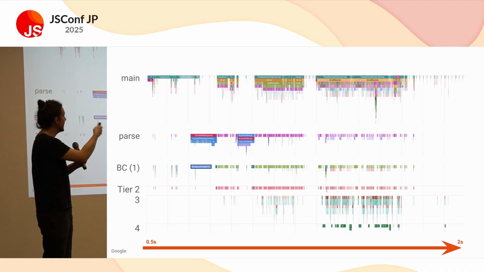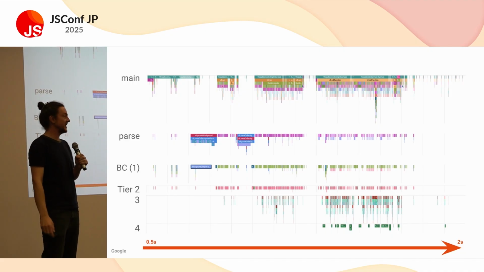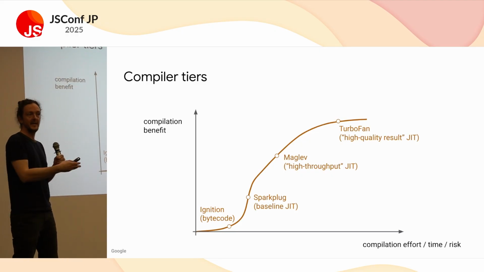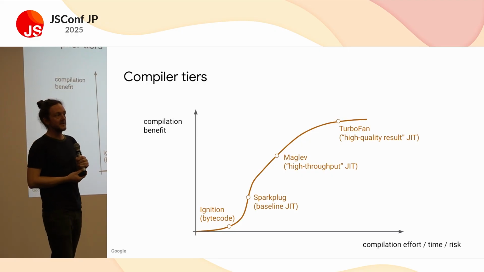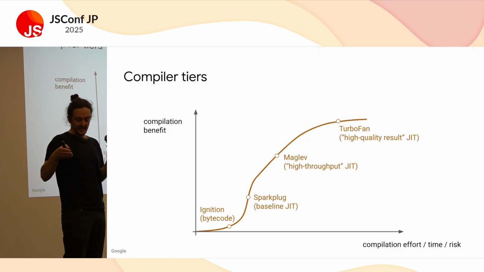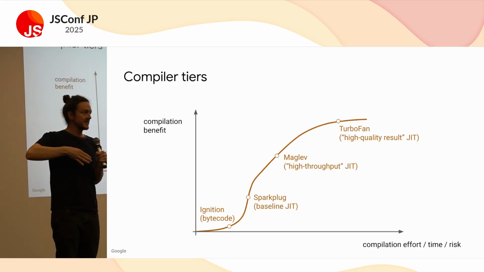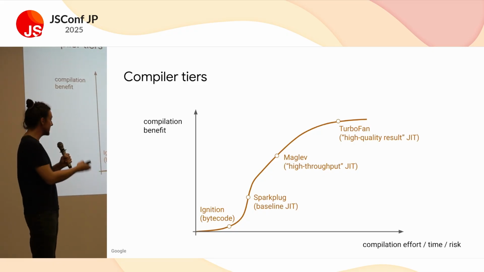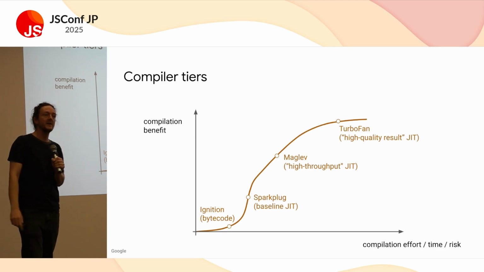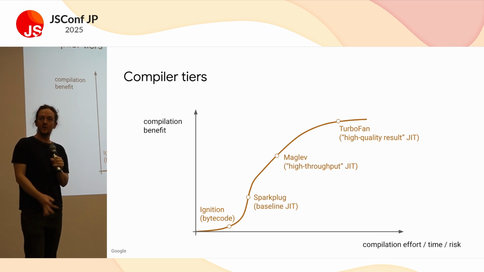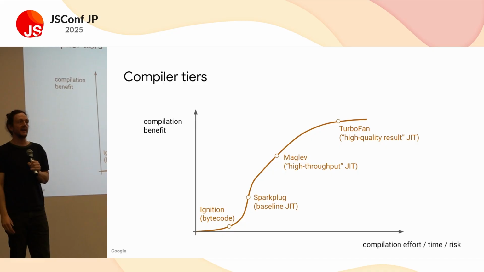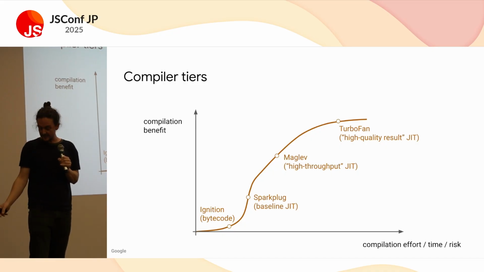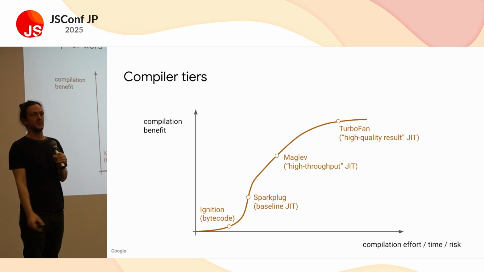So that's why we have this tiered compilation strategy, where we have a bytecode interpreter, and the bytecode is designed so that we can start running as quickly as possible. Then we have a first tier called Sparkplug, which does mostly no optimizations, and it's there to remove the interpretation overhead of the bytecode interpreter.